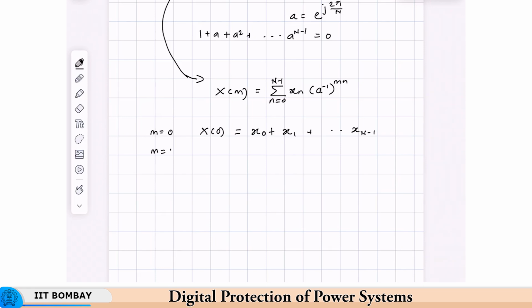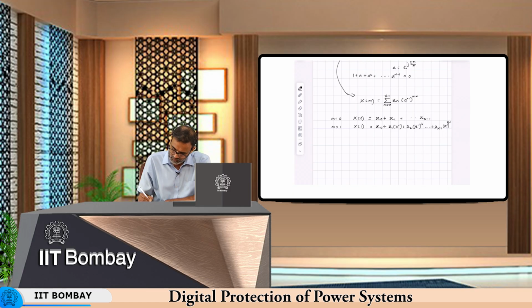For m equal to 1, x of 1 will be, now m is equal to 1 and n will vary from 0 to n minus 1. So, we will get 0 plus x 1 A inverse plus, I am writing the second term also so that it is a bit clear, x n minus 1, this is the last term, A inverse raised to n minus 1, and so on and so forth.